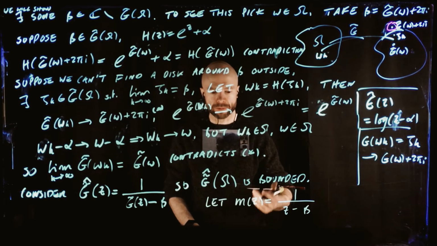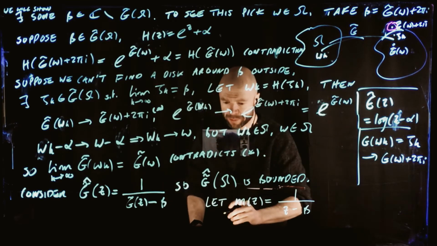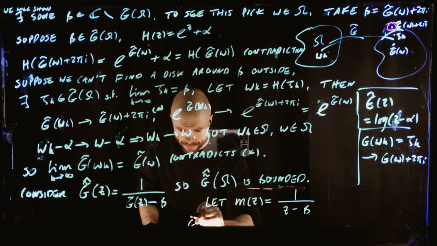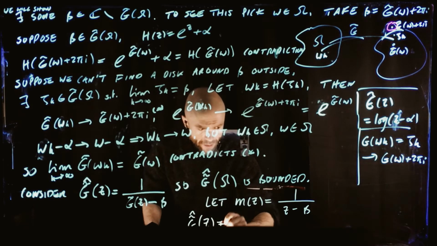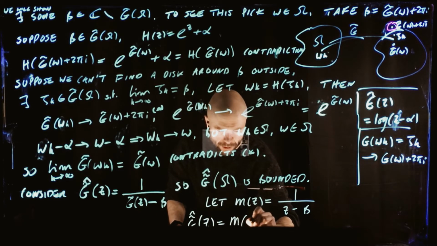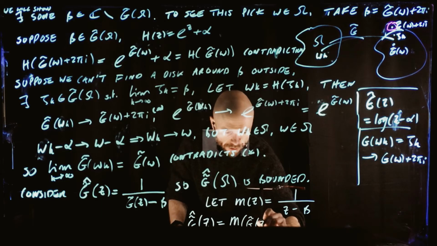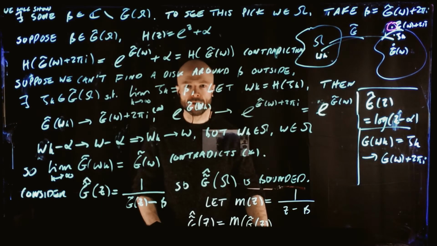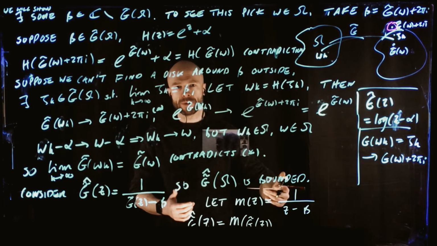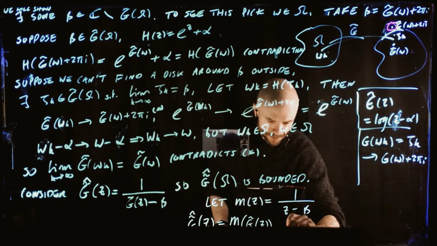This is a perfectly good Mobius mapping. So then our mapping G tilde hat of z is just M of G tilde of z. So it's the composition of two conformal mappings. It's conformal.